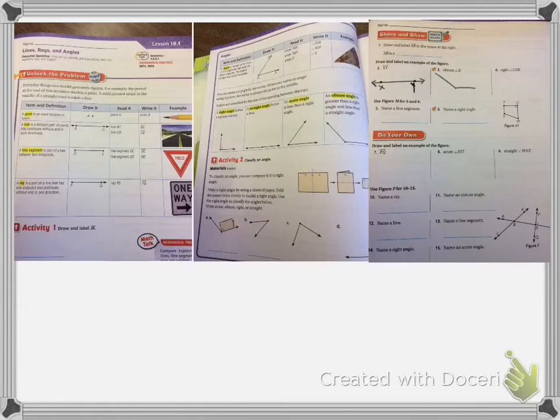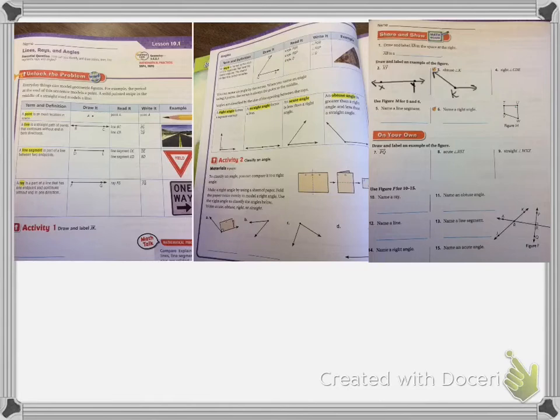So I'm going to draw mine bigger than 90 degrees. Yours does not have to look exactly like mine. However, you do have to have that dot right there and label it K. Now I'm going to put my arrows on the end and I'm done. You could make that look like any obtuse angle you want, as long as you make it bigger than 90 degrees.